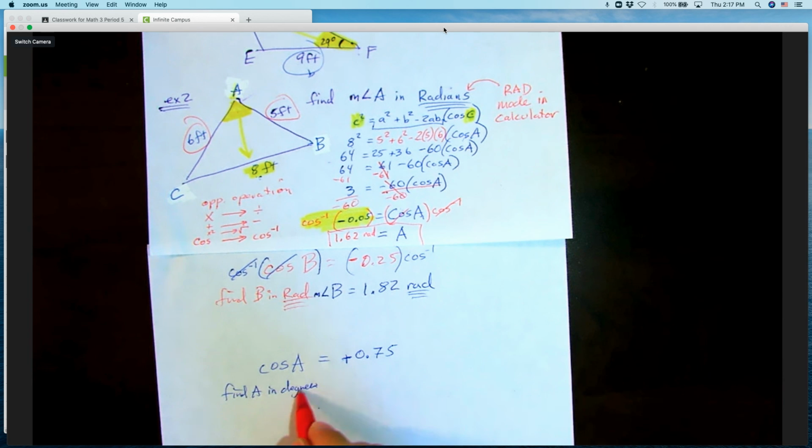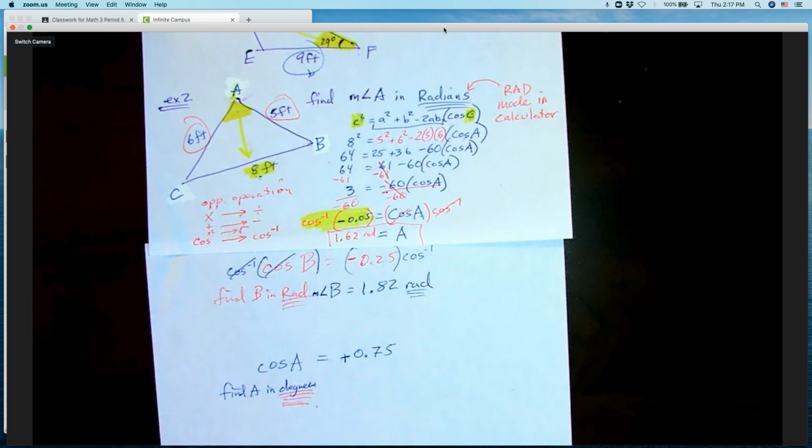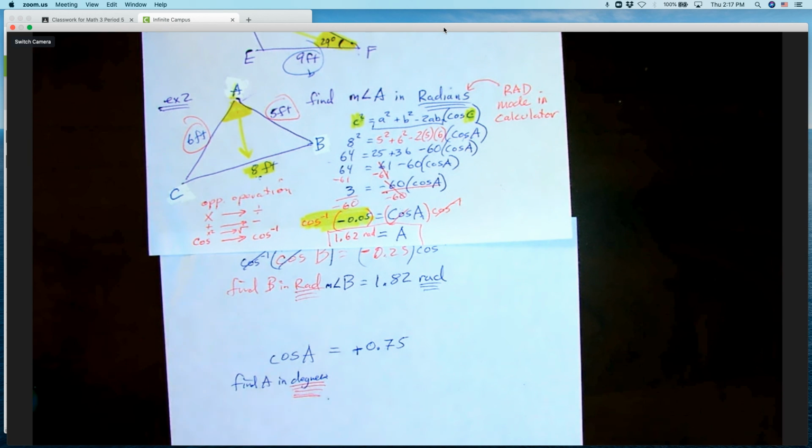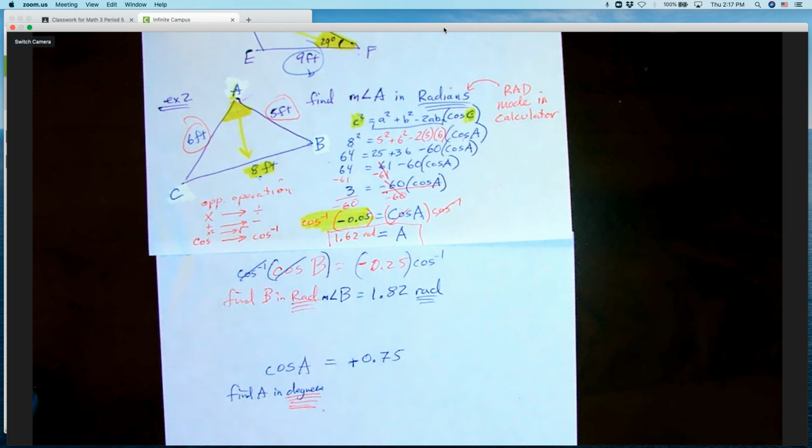Okay, lastly, for this one, remember it has to be in degrees. So change to degree mode. And we're going to do the same thing.